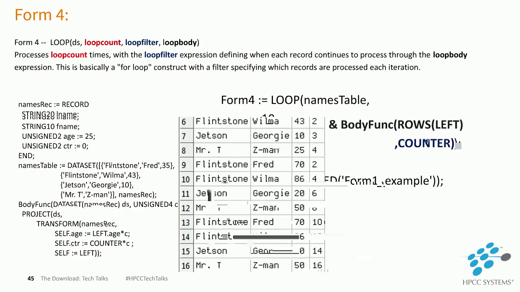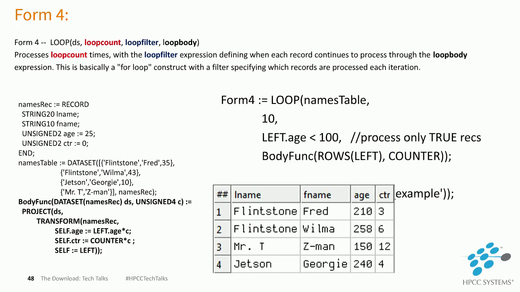So once again, as we run the loop count with the loop filter, I wanted to show you something here. The counter really is deceiving here because if you look at it, it's using that body function again that is passing a parameter to a project, and it's saying counter times C, counter times loop.